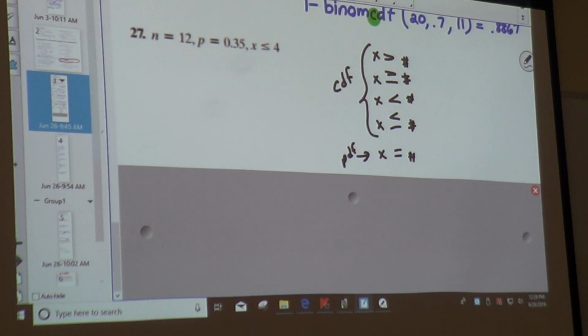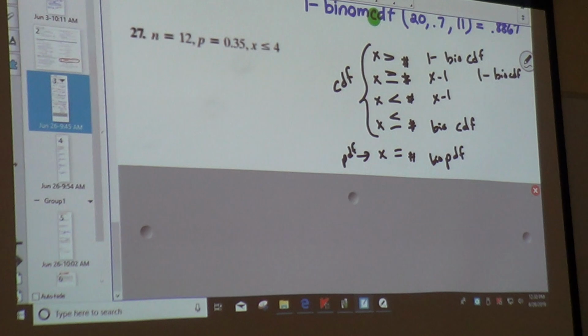So this is a plain binomial PDF, plain and simple. And this one is a binomial CDF. Then we have a 1 minus binomial CDF. And then we have an x minus 1 and a 1 minus binomial CDF. And then we have an x minus 1 and a plain binomial CDF.